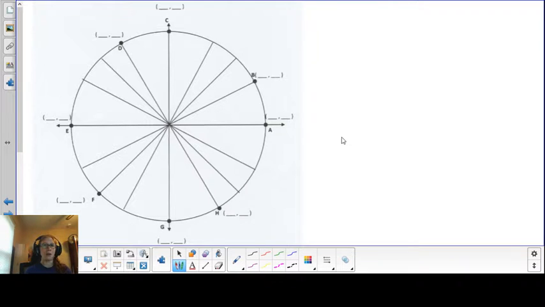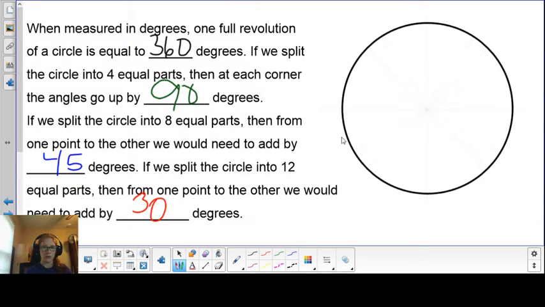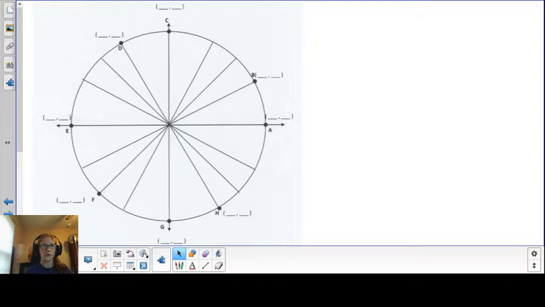I want to take a look at my easy points. And what color did I use? I think that one was supposed to be red, that first section. Yes, red. I want to try and stay with the same colors. So I want to talk about my main basic points when I split it into 4.